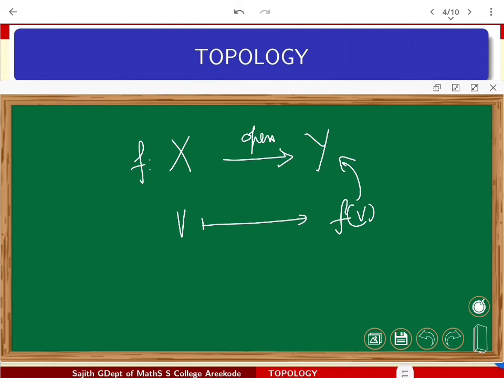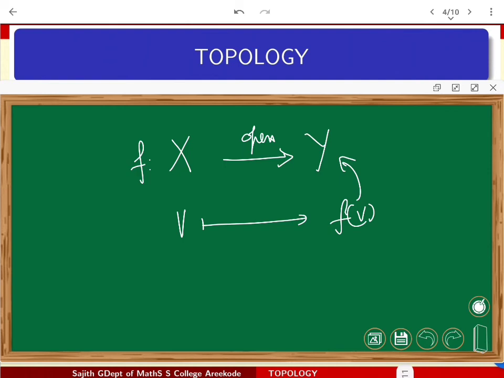In fact, the openness or closedness of a function guarantees the continuity of f inverse whenever f inverse exists as a function. That is, once you have a bijection, then openness is a necessary and sufficient condition for the inverse function f inverse to be continuous.